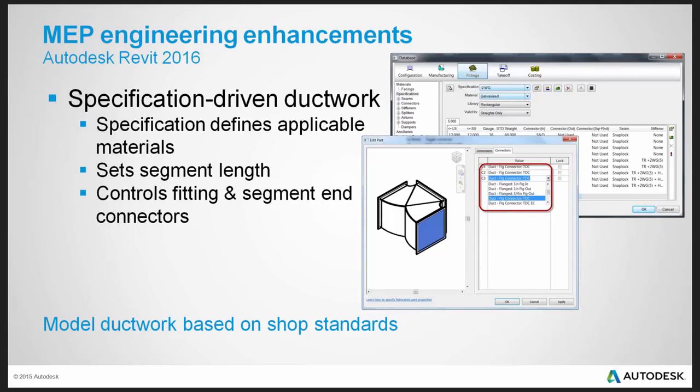You'll be able to control fitting and segment end connectors. Your materials. The specification also controls material gauge, standard segment lengths, and connectors applied to the fitting ends, and so forth. So you should be able to use these parts to more confidently model to better conform to your shop standards, and just in the end create better fabrication level documents.